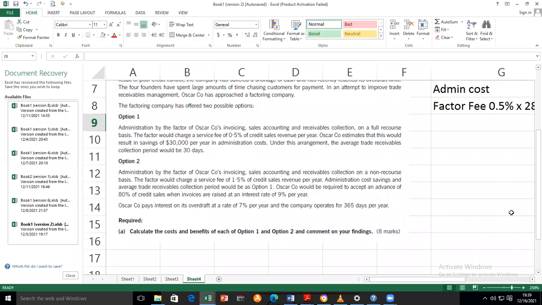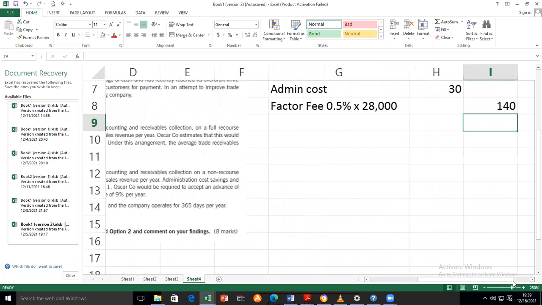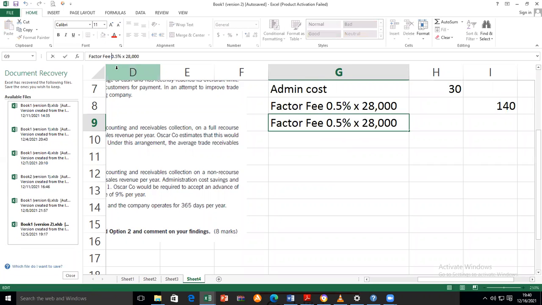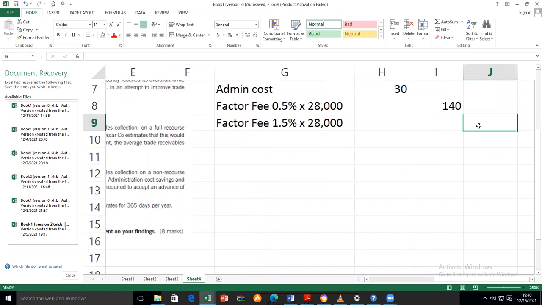So let us put in the factor fee for the other option, and we are told that is 1.5%, and this is only this particular one.